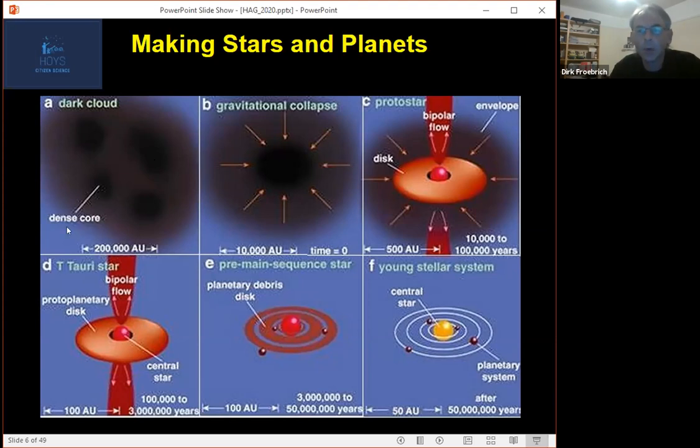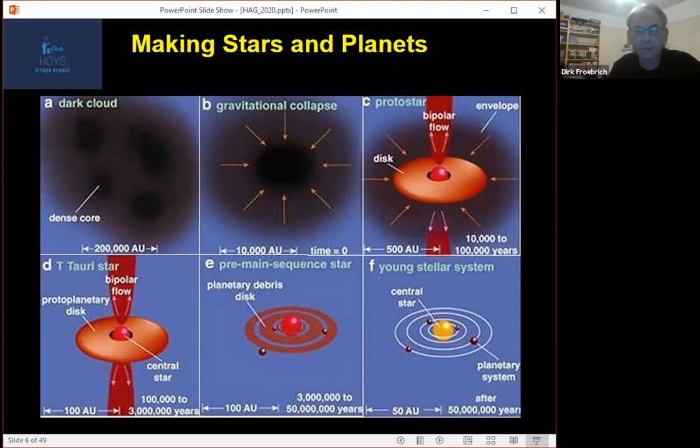Stars form inside so-called giant molecular clouds. These are large, very massive clouds of gas and dust, which are everywhere in the midplane of our galaxy and other galaxies, in particular all the spiral galaxies. They typically have masses of a few million to maybe even 100 million times the mass of the sun.